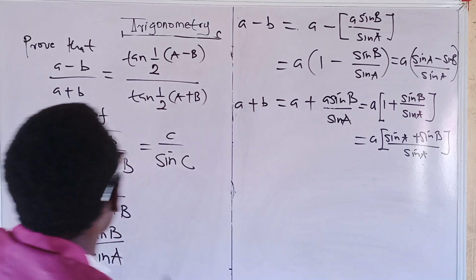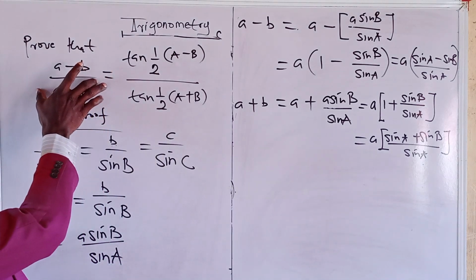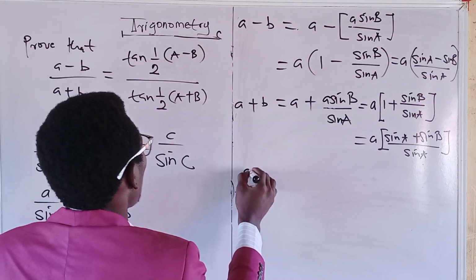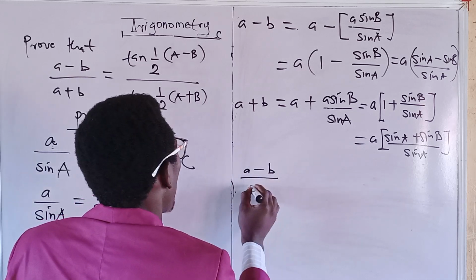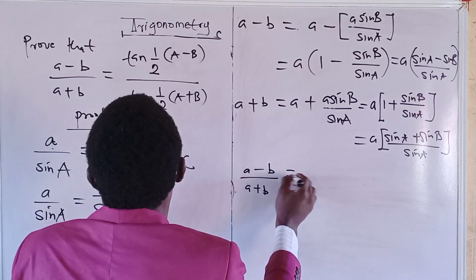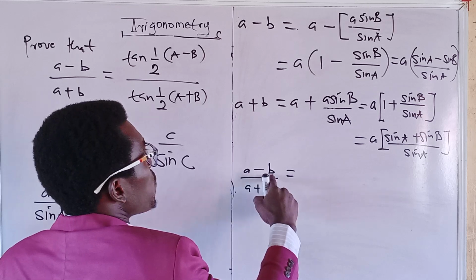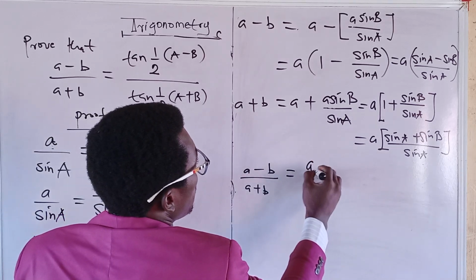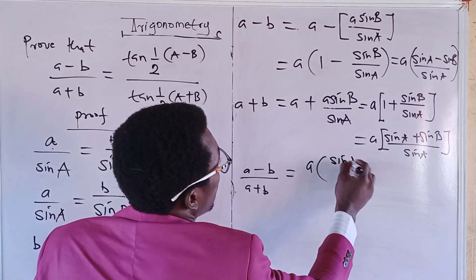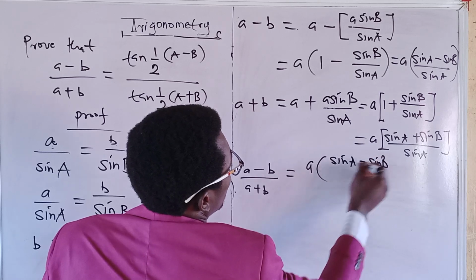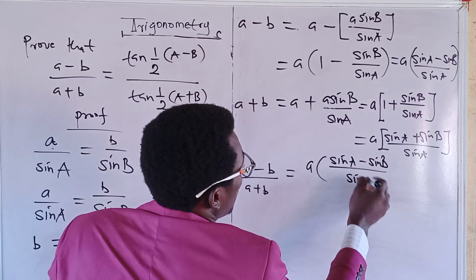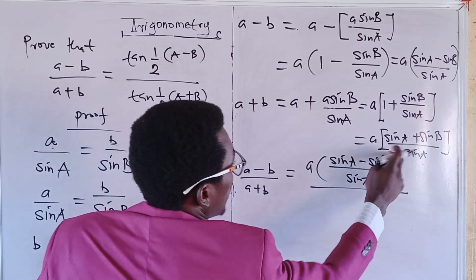So what we shall do now, we shall now form this quotient. All right? So we now have (A minus B) divided by (A plus B) to be equal to, in place of A minus B, we have the result as A bracket sine of A minus sine of B over sine of A. They're all divided. They're the same thing here.